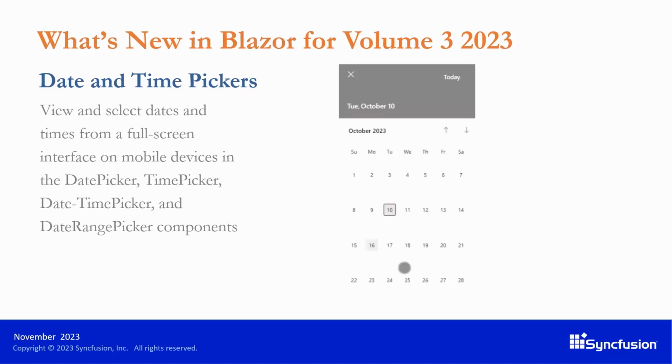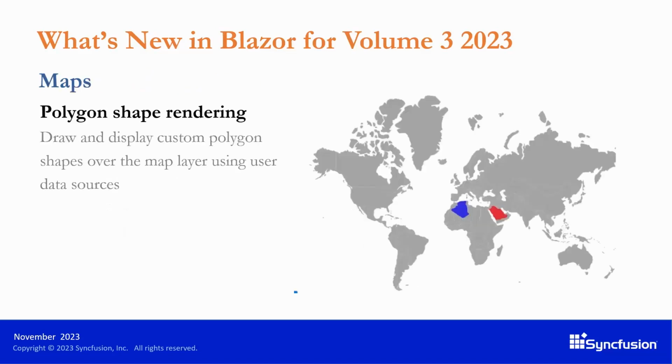Look at this demo. You can easily manage dates and times on mobile devices with a full screen interface in components like date picker, time picker, date time picker, and date range picker. And the next update in the Blazor platform is related to the maps. You can see the map.